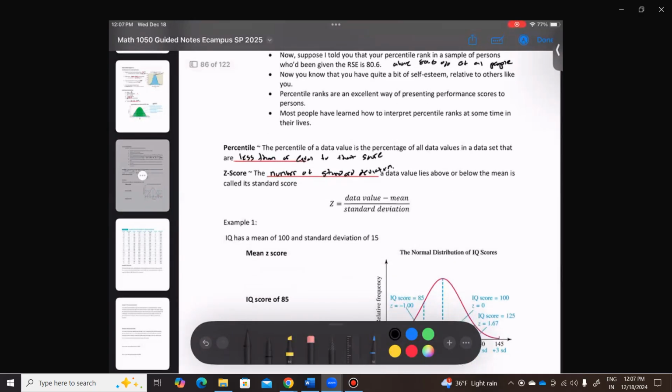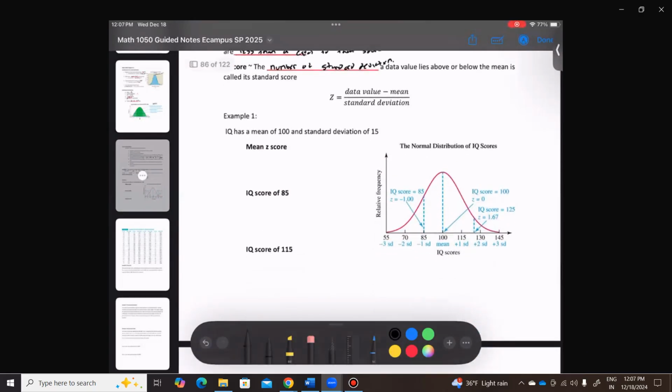Right, so let's look at IQ scores. Mean is 100, standard deviation is 15. So if you have a data value of 100, then your z-score is 0.